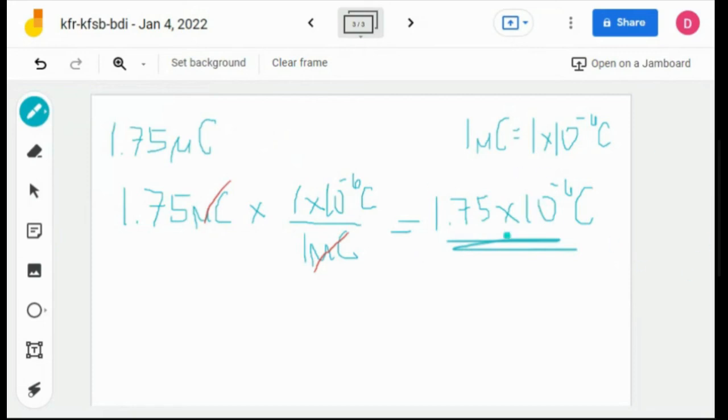You can also write this as 0.175 times 10 to the negative 5 coulombs, if I'm not mistaken. Yes, that can be done also. Why? Because we just adjusted 1 decimal place to the left. Okay.